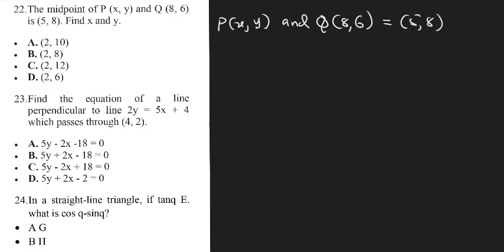That's the meaning. So if that's the case, we are aware that this is x and this is y, right? This one too is x and y. This is x1, y1, which from the question is equal to this.